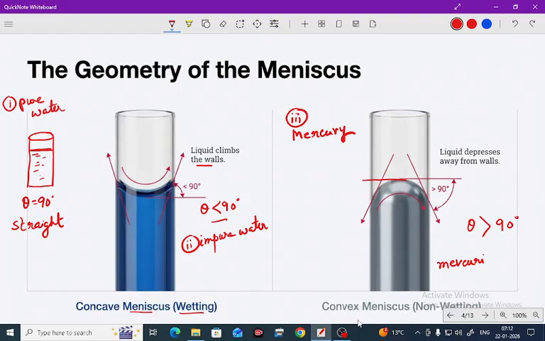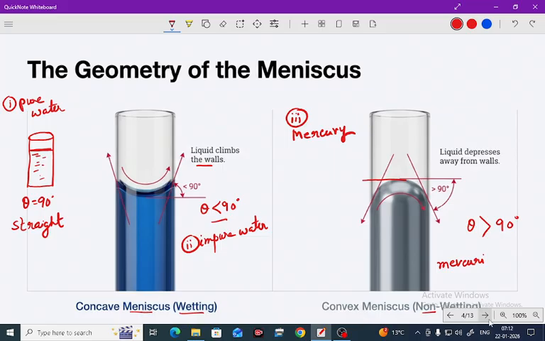So it is non-wetting behavior. It is wetting behavior. Concave meniscus is formed when theta is less than 90 degree. And for mercury, theta is greater than 90 degree.